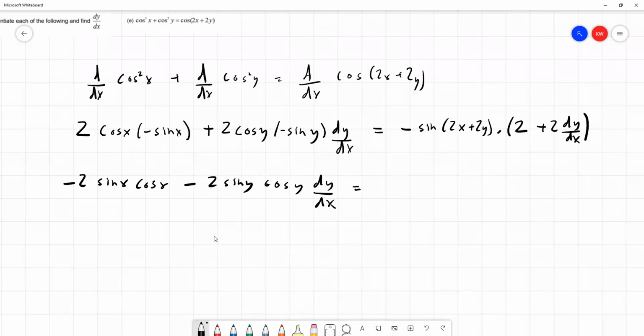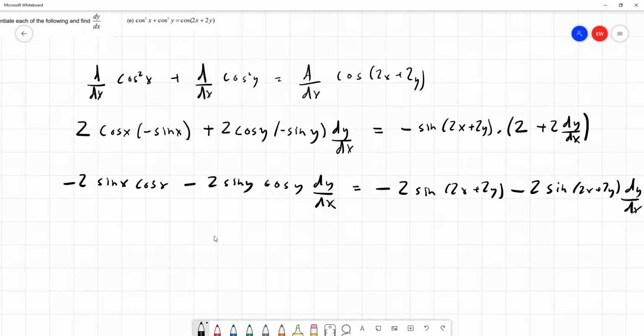is equal to, and we'll be multiplying everything out here, minus 2 sin of 2x plus 2y, and then we've got to add the multiple of 2 dy by dx times this as well. Again, it's a minus: minus 2 sin of 2x plus 2y, but this time times dy by dx.